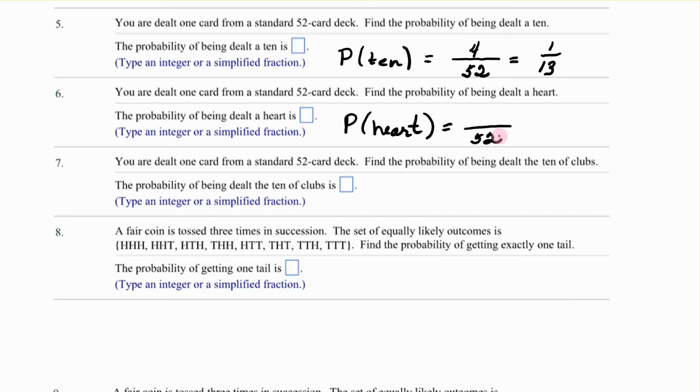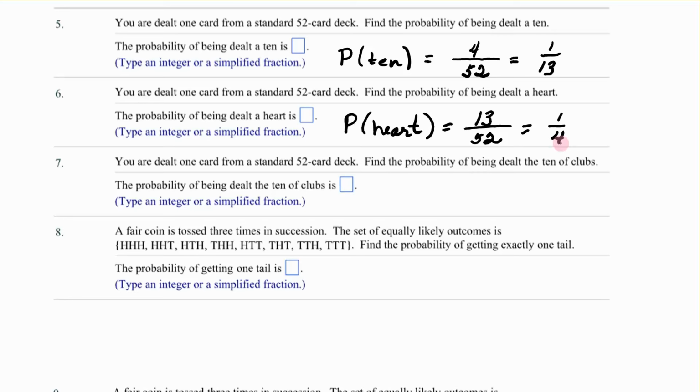How many cards are there that would satisfy being a heart? Well, there are 13 in each of the suits, so 13 out of 52, and that reduces to 1/4. 1 out of every 4 cards, if you were dealing, should be a heart, theoretically.